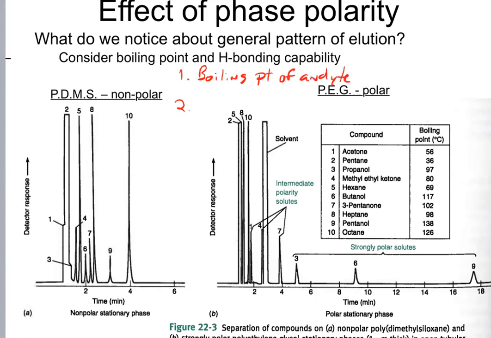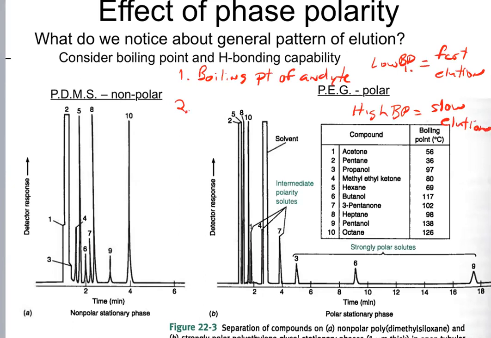The higher the boiling point of the analyte, the longer it's going to take to elute. So usually, low boiling point equals fast elution. High boiling point is slower elution. So as a general rule, that's true.